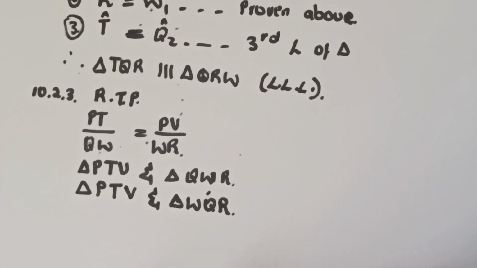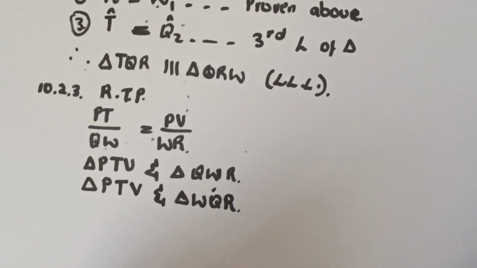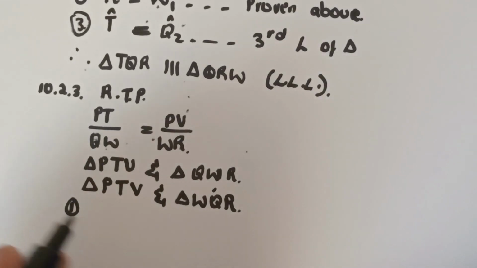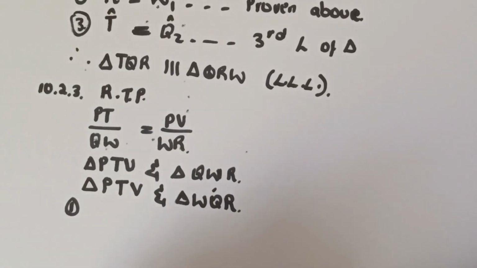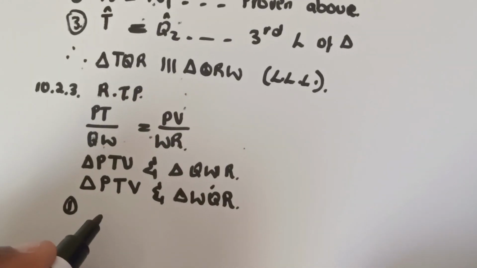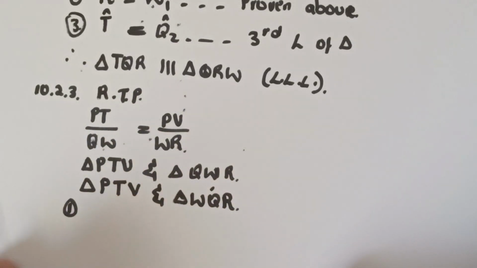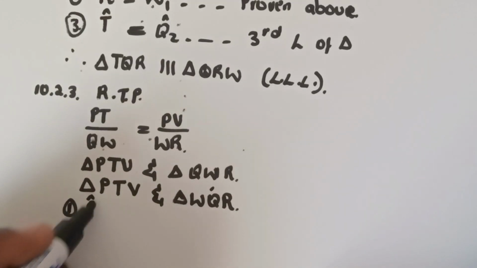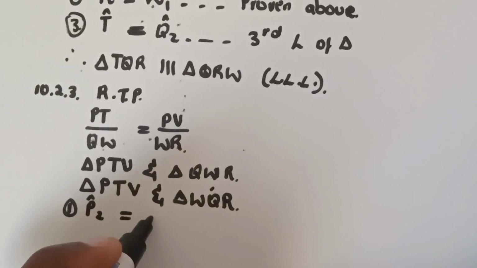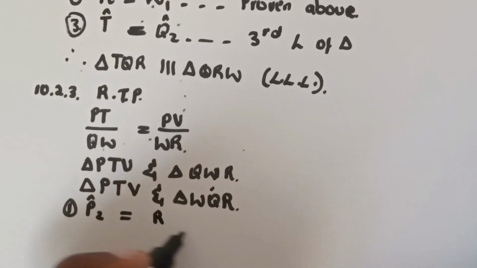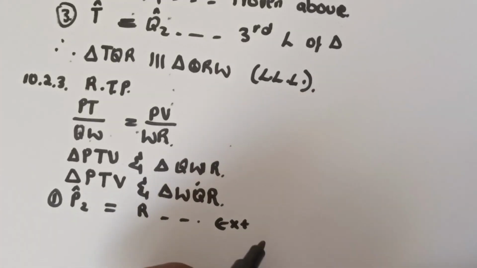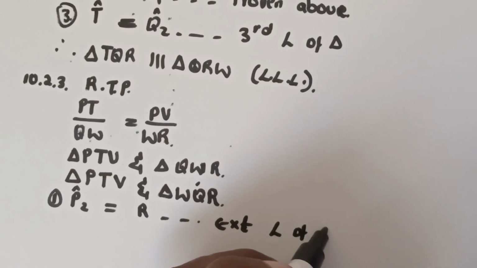So now here we can just prove the similarity for this one. We say that here angle P2 is equal to angle R, exterior angle. We can just show that for now, exterior angle of a cyclic quad.